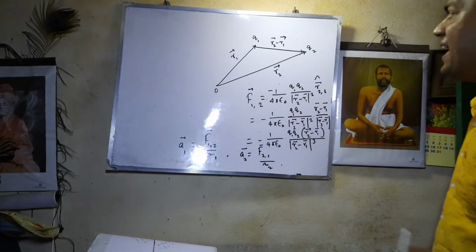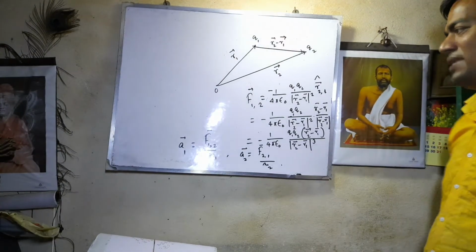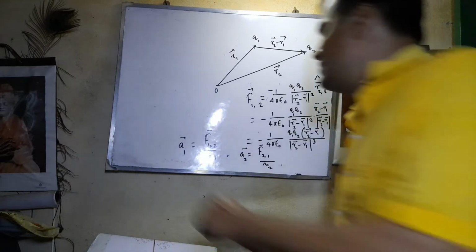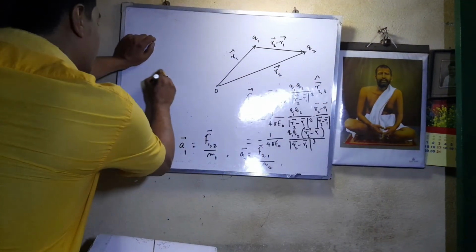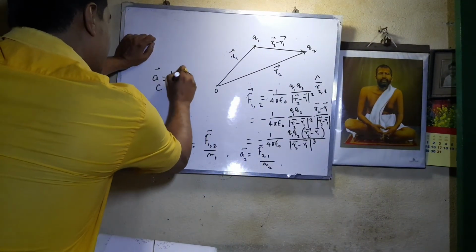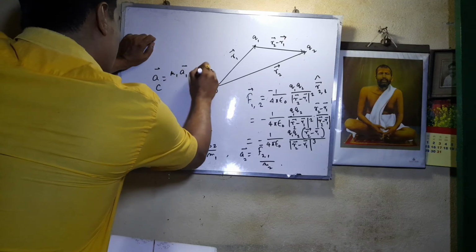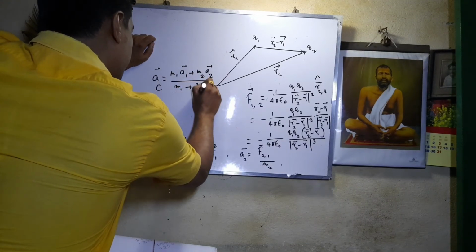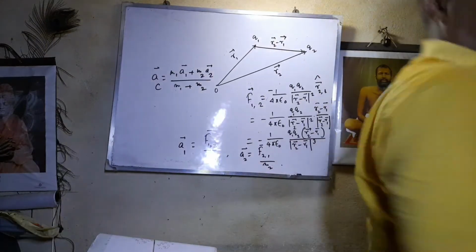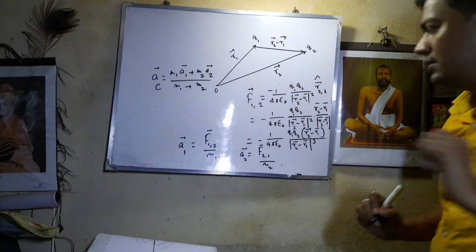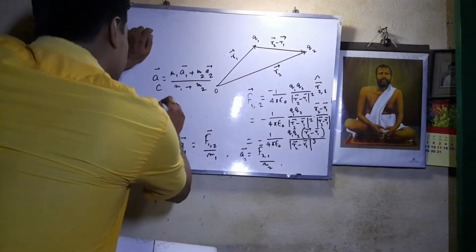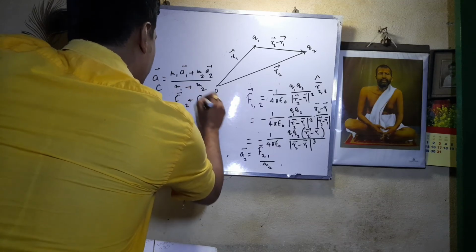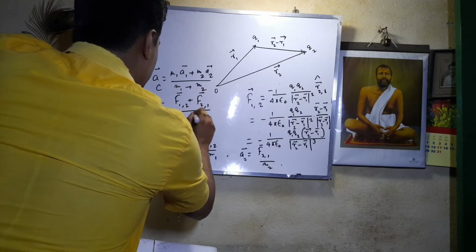Now, what will be the acceleration of their common center of mass? The acceleration of the center of mass can be written as AC equals m1 a1 plus m2 a2 by m1 plus m2, that is F12 plus F21 by m1 plus m2.